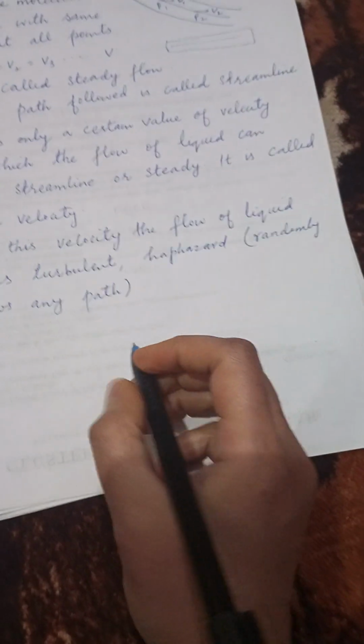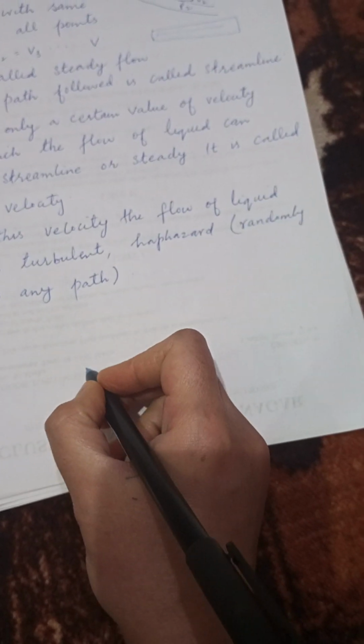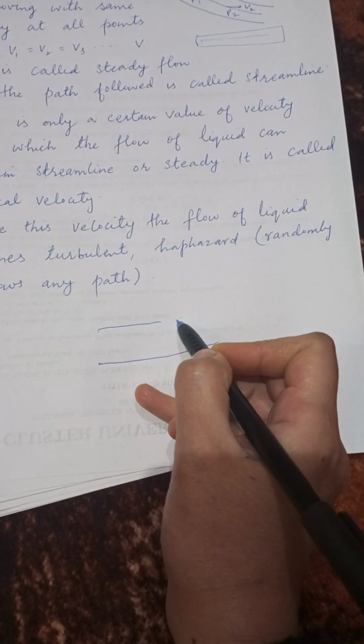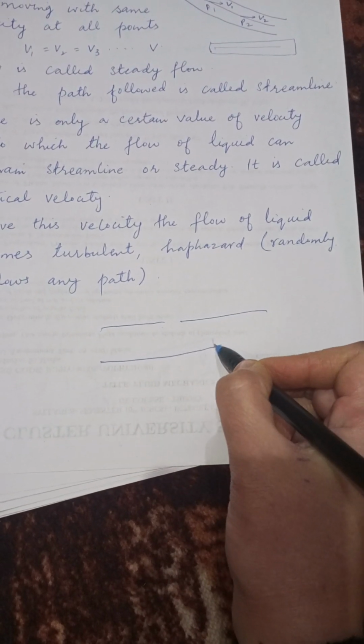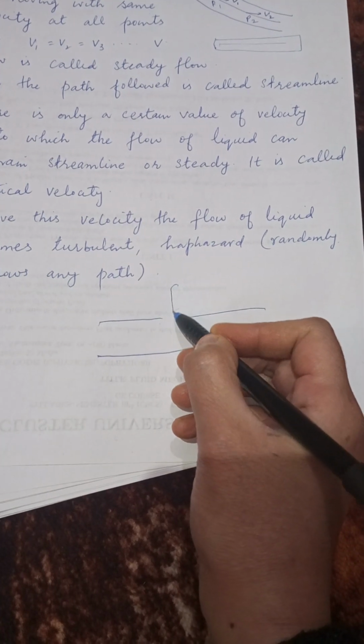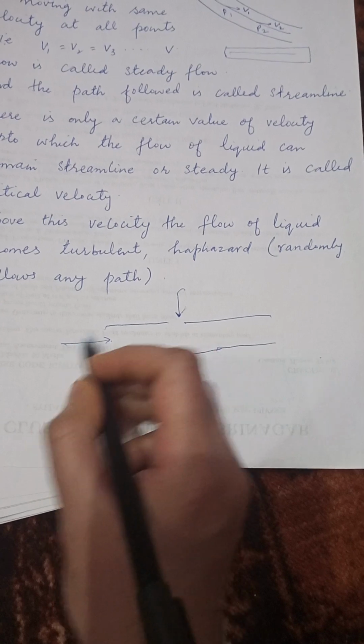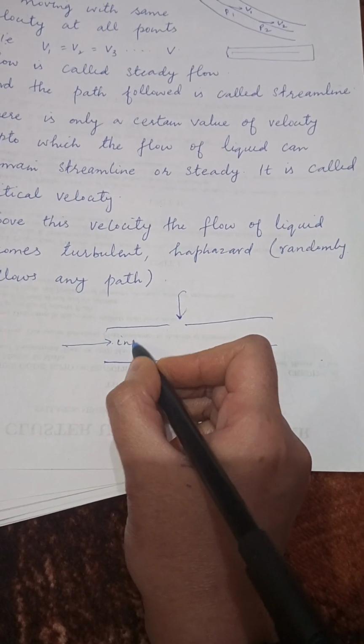For example, to explain that further, suppose I have a pipe, and in this pipe I am able to pour water at one end like this, and from another end I am trying to inject some ink or some colored liquid.